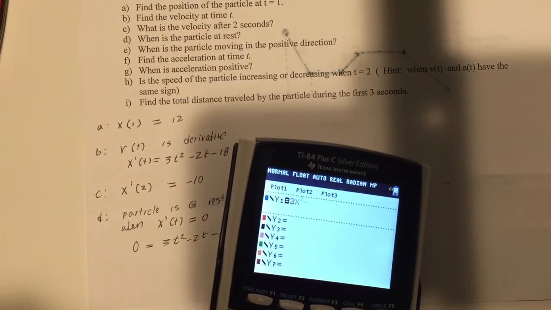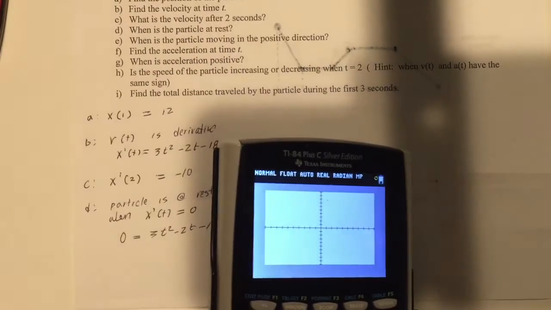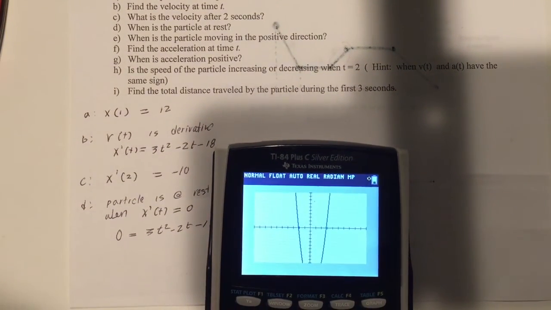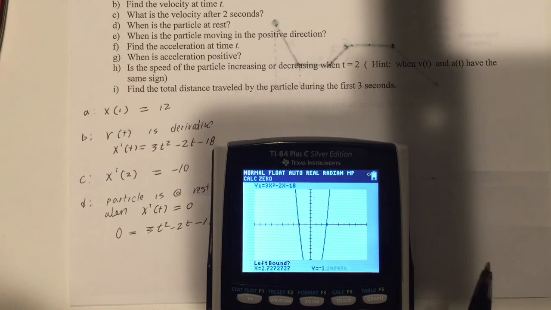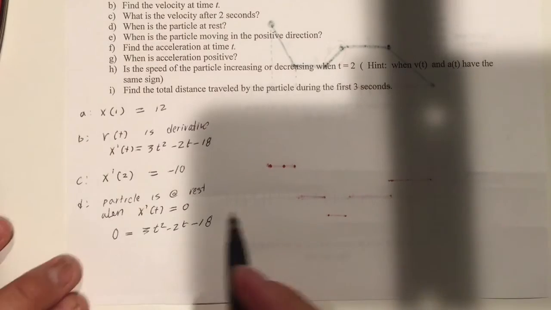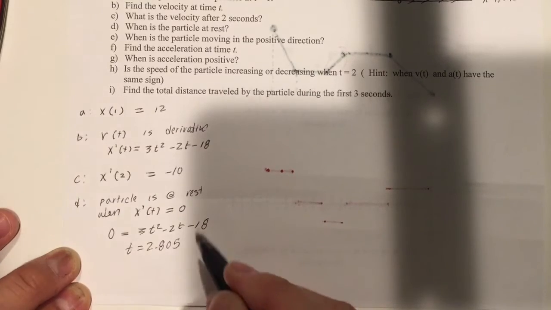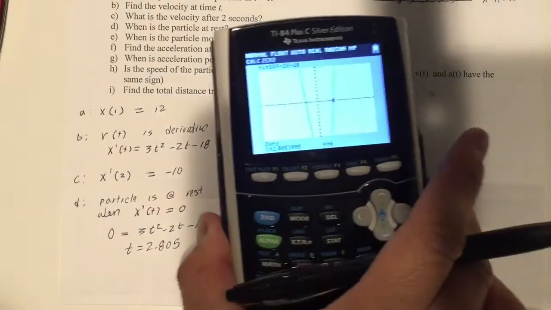The way I do that is I graph the function and I want to see where it crosses the x-axis. Notice that it crosses the x-axis there. I don't want to take negative time, so I'm going to take positive time. So 2.805. This is the time where the particle is at rest.